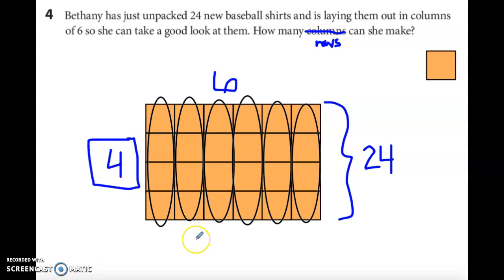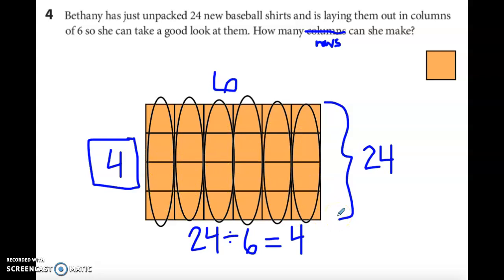All right, so what would our equation look like for this one? Yeah, we started with 24 and we divided those shirts into 6 columns of shirts. And we found out that 4 shirts could be in each column, or that there would be 4 rows of shirts.